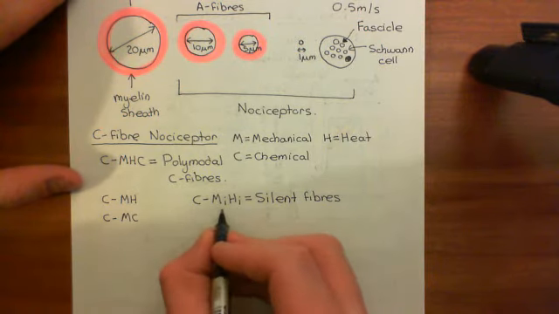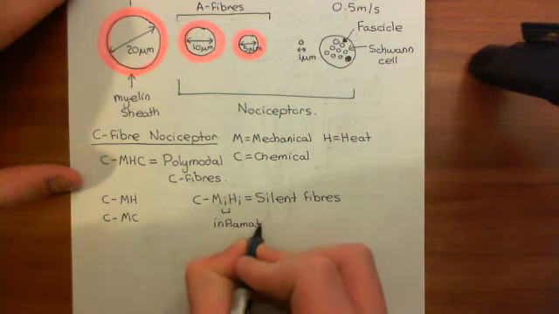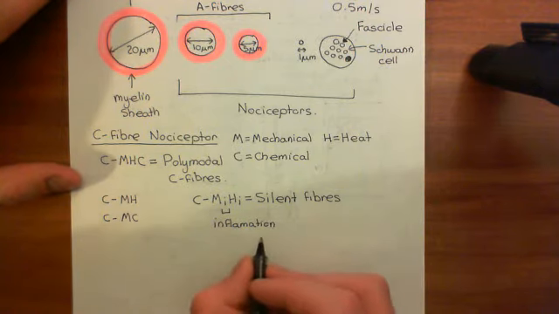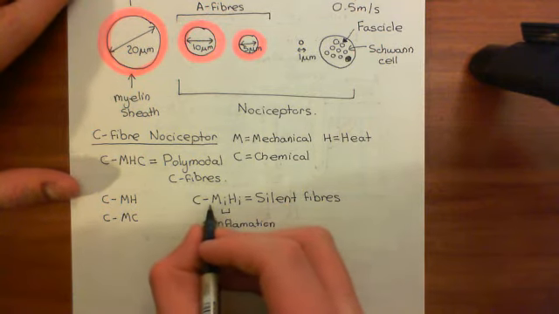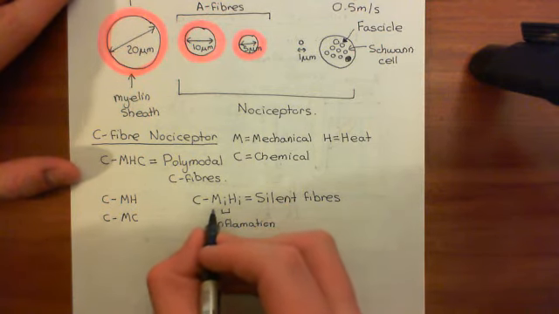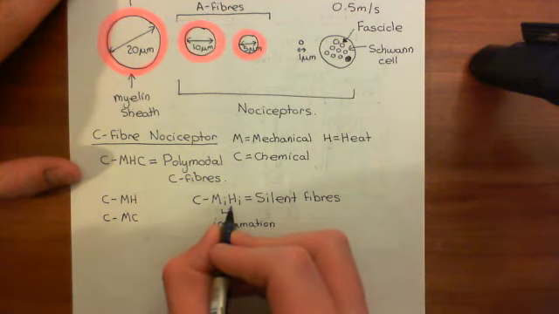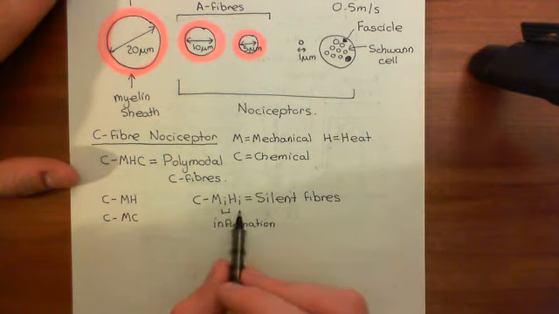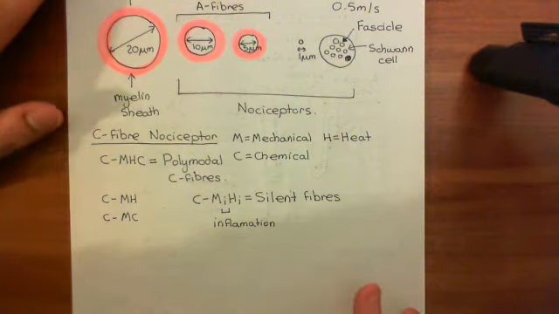However, if inflammation is currently occurring, and that's what this I stands for, if the area which has this silent fiber within it is currently undergoing inflammation, then inflammatory mediators will activate this silent fiber, and it will now be capable of responding to mechanical noxious stimuli and heat noxious stimuli. So basically, these fibers don't usually work, but if the area is actually inflamed, then they suddenly turn on and they will respond to noxious mechanical stimuli and noxious heat stimuli.